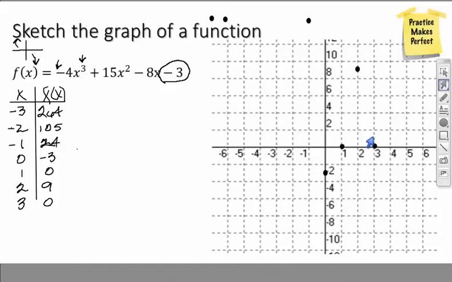Here's my end behavior. Okay? And then it's coming down right here, and then it's shooting back up to there. So I know I've got another intercept somewhere between 0 and -1. And I've got to determine what that one is.